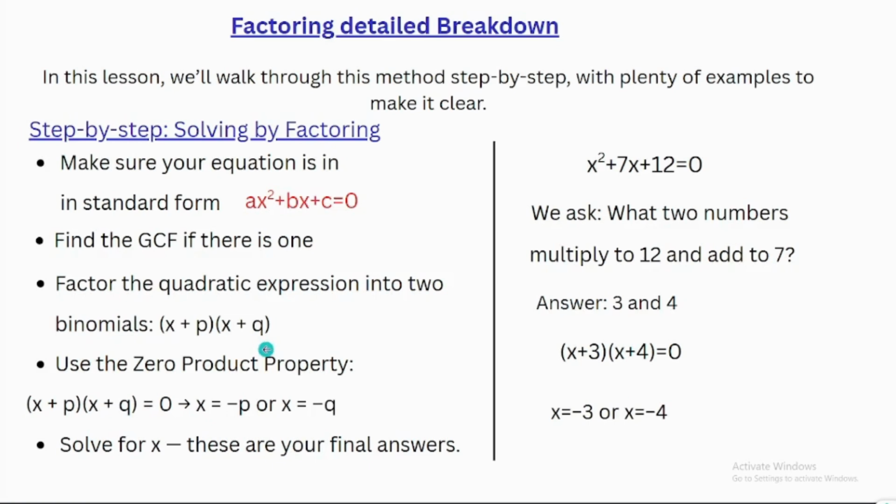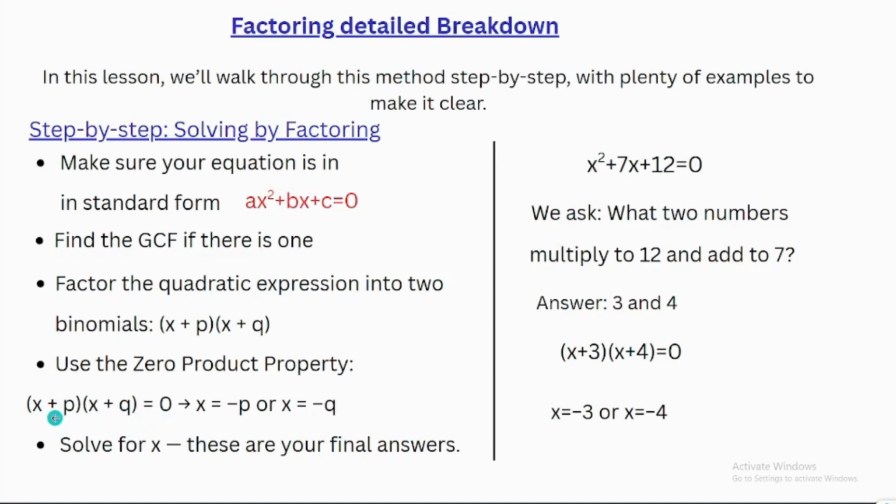We have to find two binomials, as two parentheses. These two factors help us find the solution of the quadratic equation. Use the zero product property. We set these two binomials equal to 0.